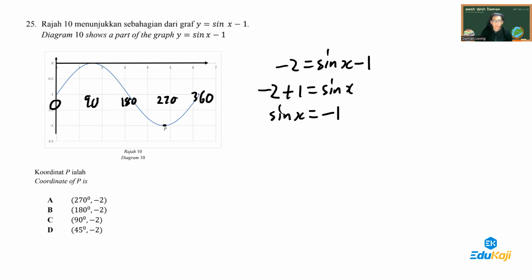Each special point is separated by 90 degrees. So here would be when it's 270 degrees. So it's 270, -2. Answer A. So whenever sine or cosine value is 1, -1 or 0, we can always just look at the shape of the graph to see.